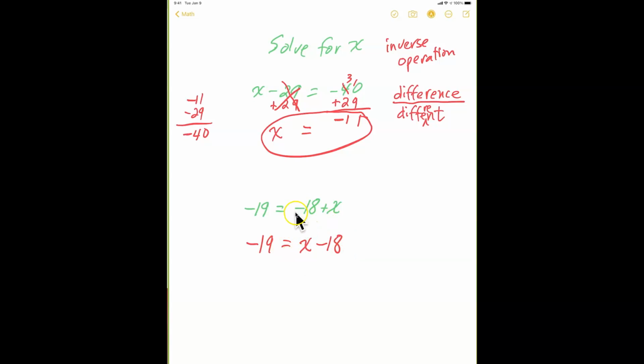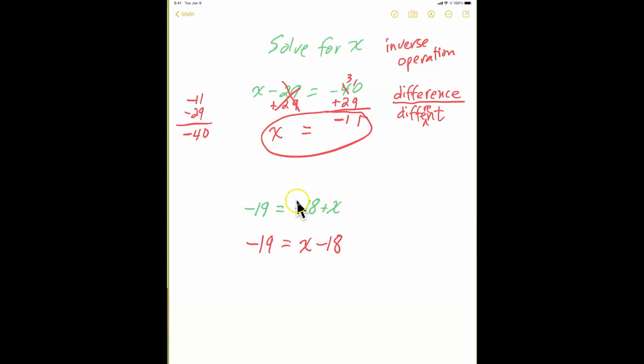And sometimes when you have a lot of signs, it's easier to simplify your expression. And you can see the path more clearly. So we'll go from x minus 18. And so now 18 is being subtracted from x. So it's like what we had here where 29 was being subtracted from x.